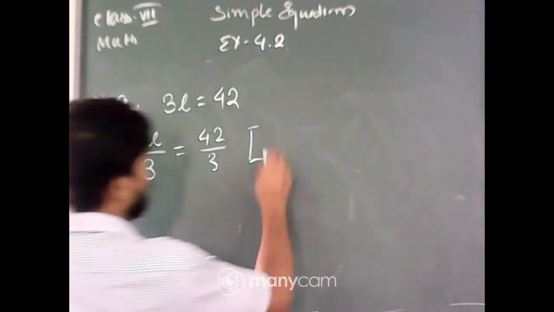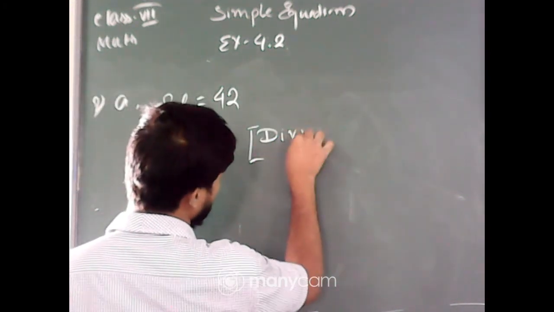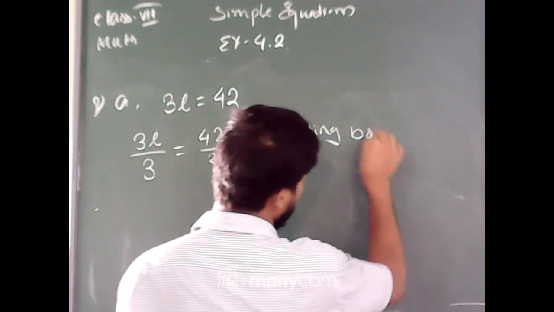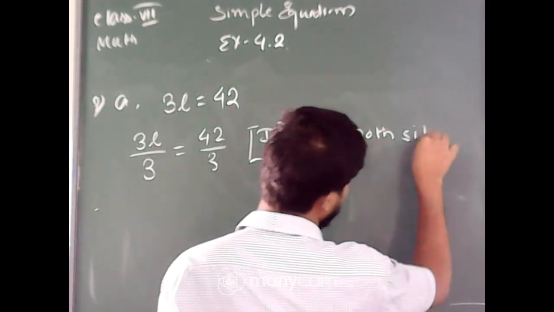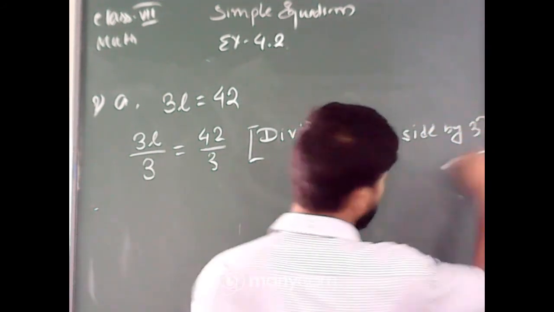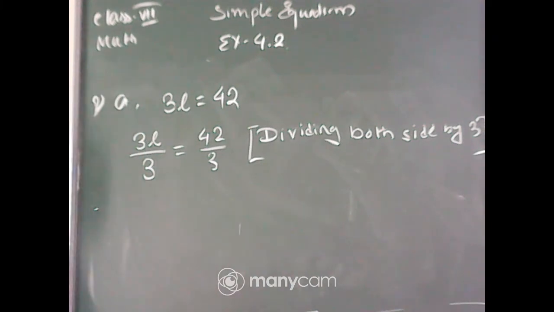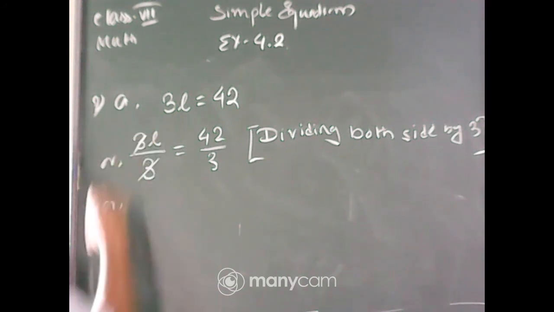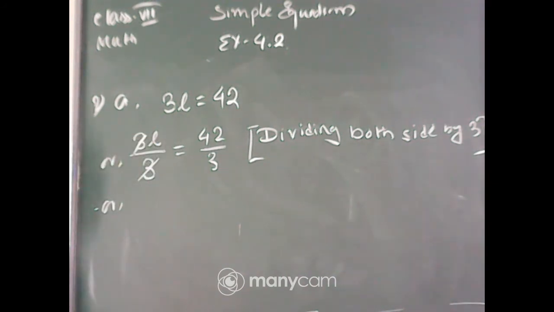So dividing both sides by 3. That means this 3 and this 3 will cancel each other.